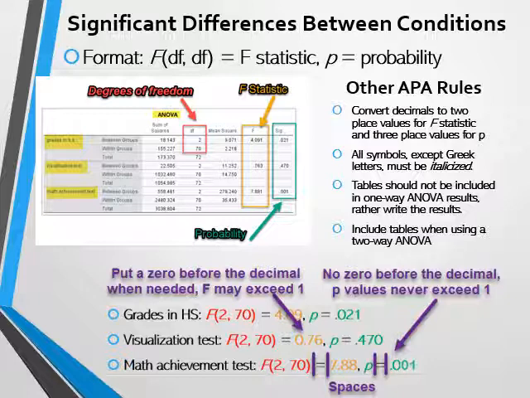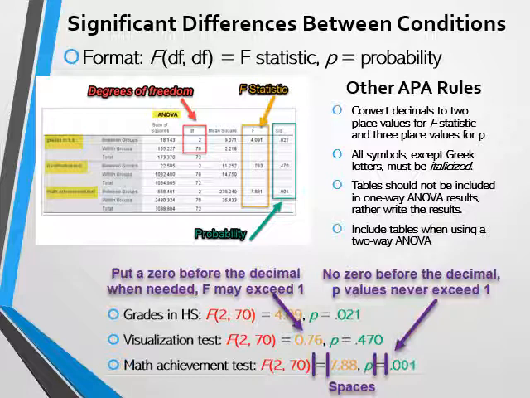When you're looking at your F statistic, it's important to put a 0 before the decimal when needed, because your F may exceed 1. However, with your probability or your p-value, you do not have to put a 0 before the decimal because p-values never exceed 1.